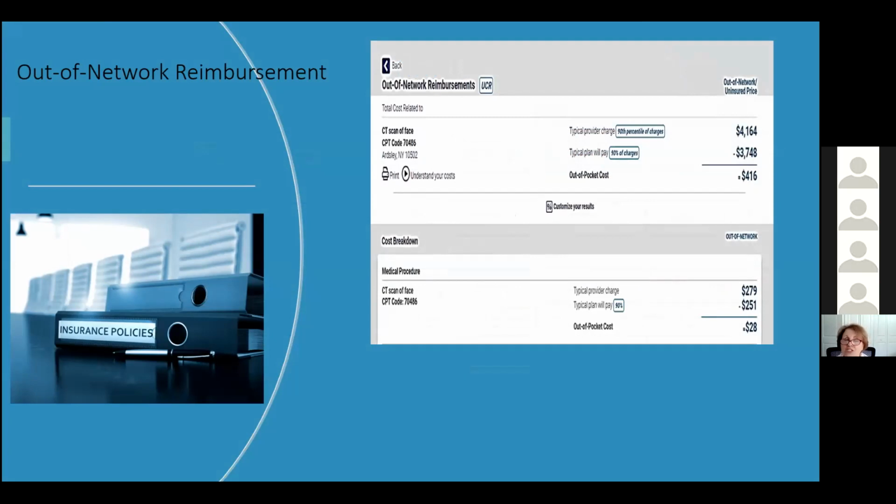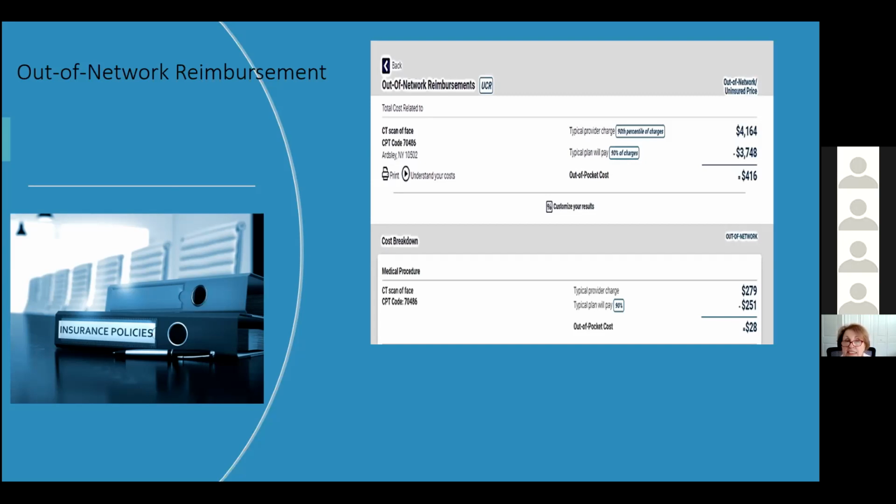So one of the places that you could go to, which is free, is called fairhealthconsumer.org. It is a website patients could go to and look at where can they go to have a CBCT scan for their face, head and neck.